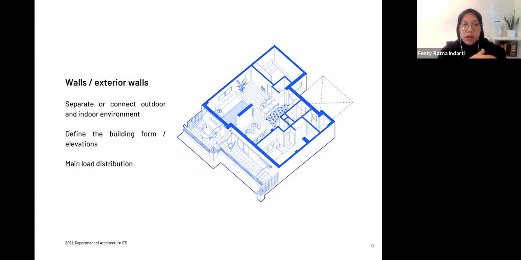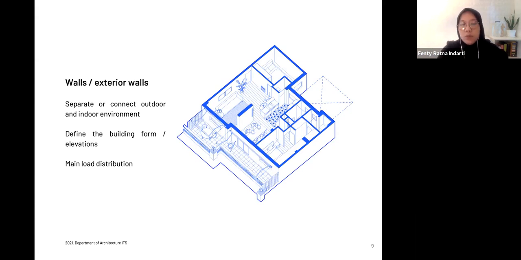This type of element is really visible, and it becomes the first thing that acts as an expression of your design. That's why in elevations, you will always draw this instead of what is inside. Even though there is a transparent one, you only draw what is outside the building. So it revolves around the elevations.